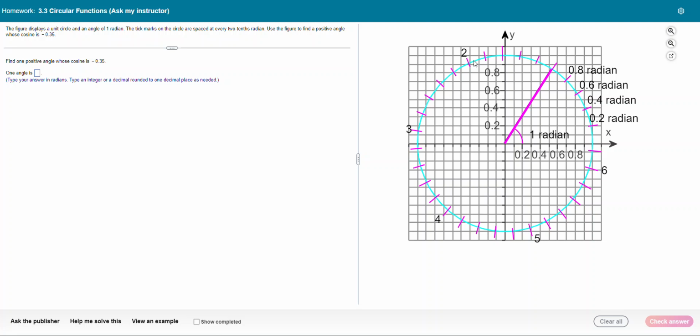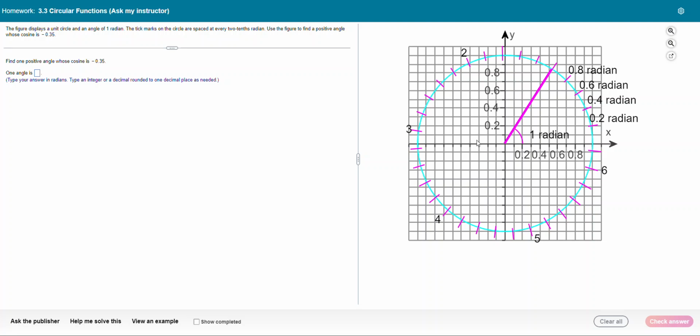If I do that, and you follow my line back down to the x-axis, I am at negative 0.35 on the x-axis, and that's going to relate to an angle rotation that's going to stop right here where my arrow is at, and that's at roughly, what would we say, like 1.9, because each one of the pink tick marks here is a 0.2. So I'm not quite at 2, I'm at maybe 1.9.